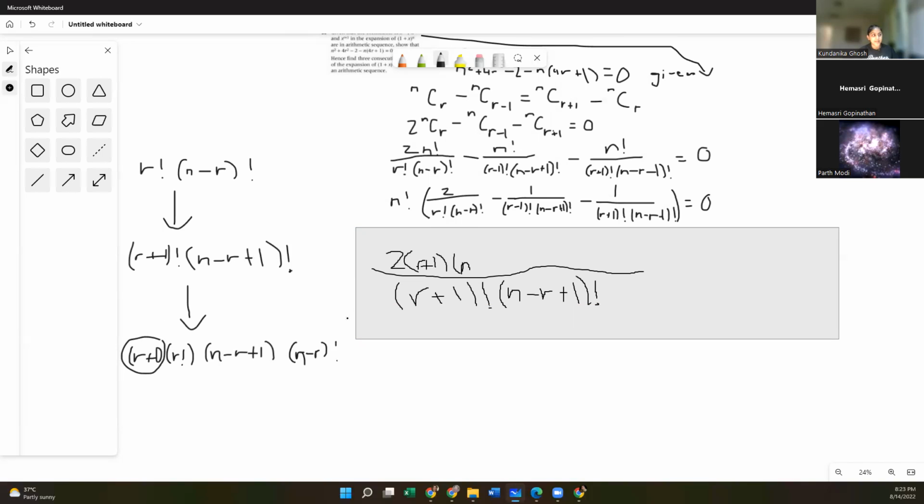Now we already have n minus r factorial in the denominator. We want to figure out what times n minus r factorial will get us to n minus r plus 1 factorial. Well, in this case, n minus r plus 1 will get us to n minus r plus 1 factorial. So we also want to multiply the numerator by this so that we have a proportionate fraction to the fraction that we had before.